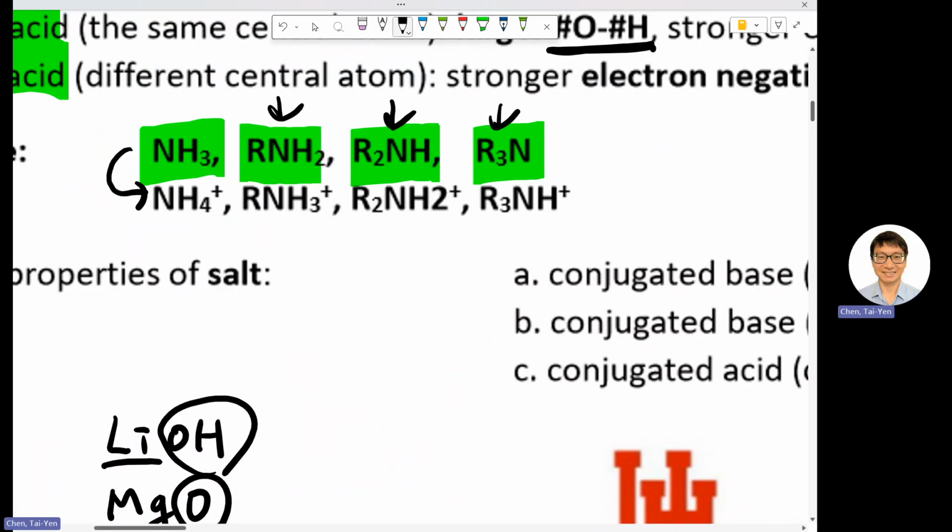So you can see that NH3 becomes NH4 plus, and then RNH2 becomes RNH3 plus. This one becomes R2NH2 plus. This one becomes R3NH plus.